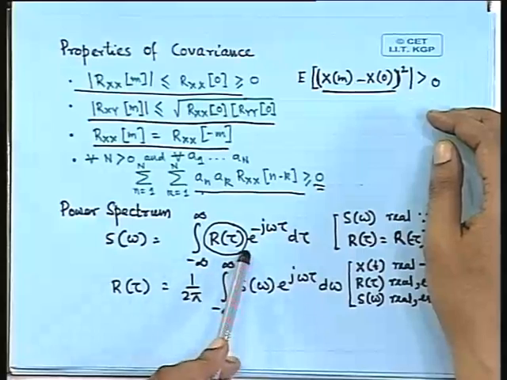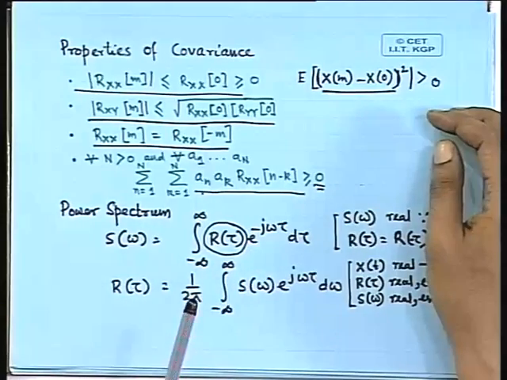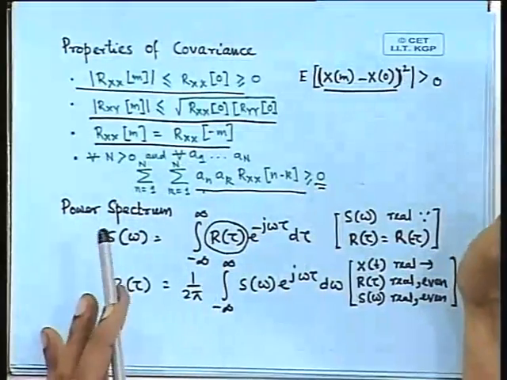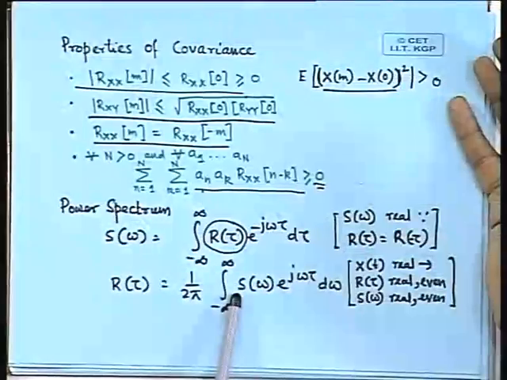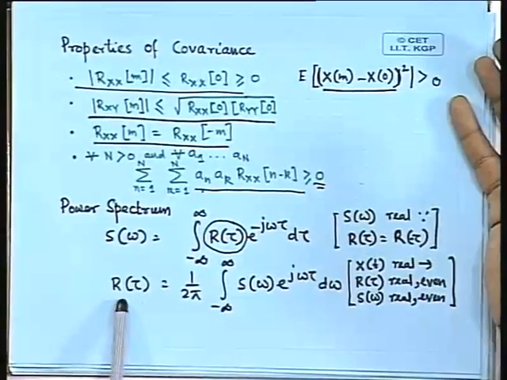That function is given the name of power spectrum. Why this particular name, power spectrum, we'll see. At this point of time, power spectrum is nothing but the Fourier transform of autocorrelation for an LTI system. Correct? And obviously, if you have a Fourier transform, you can always have an inverse Fourier transform. Right? So given the power spectrum, you can also get back the autocorrelation function with this integral.